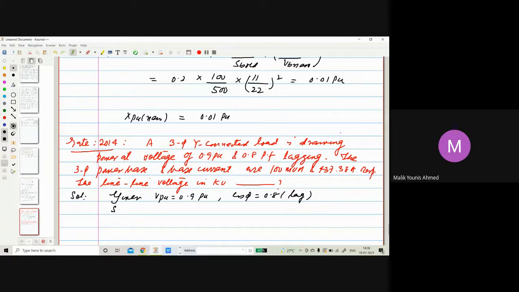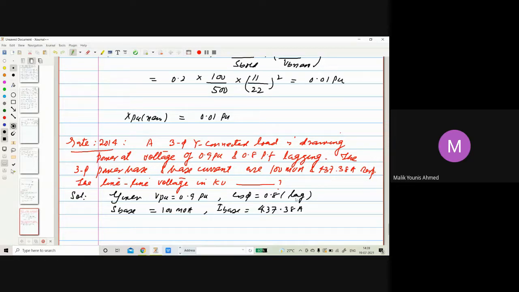S base, that is the MVA base, 100 megavolt ampere. And current has been given here. See, it is a bit different question. The three-phase power base is 100 MVA, and current base has been given, so I base has been given.